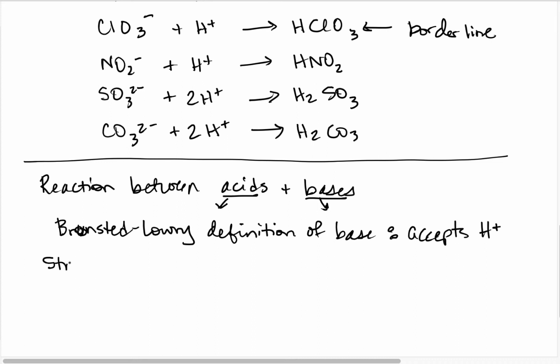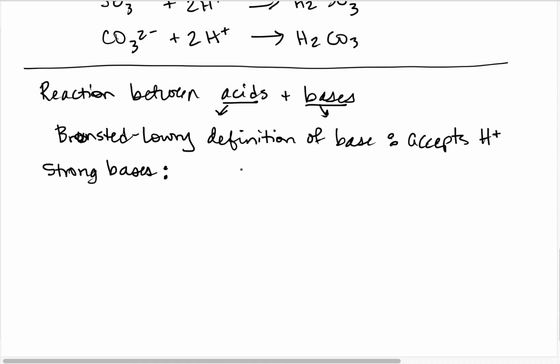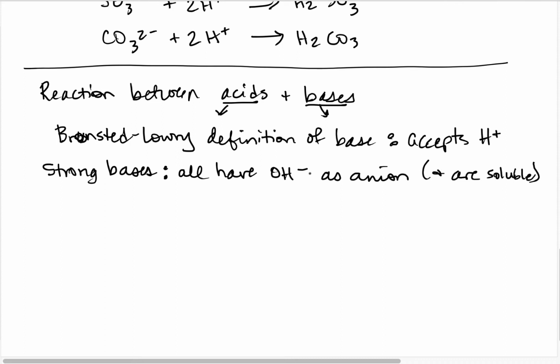Right now, we're going to focus just on the strong bases. And the strong bases are super easy to recognize because the strong bases all have OH minus as their anion. But they also have to be soluble, or mostly soluble. So we know that OH minus is usually an insoluble anion, so that means that we have a relatively limited list of things that count as strong bases.